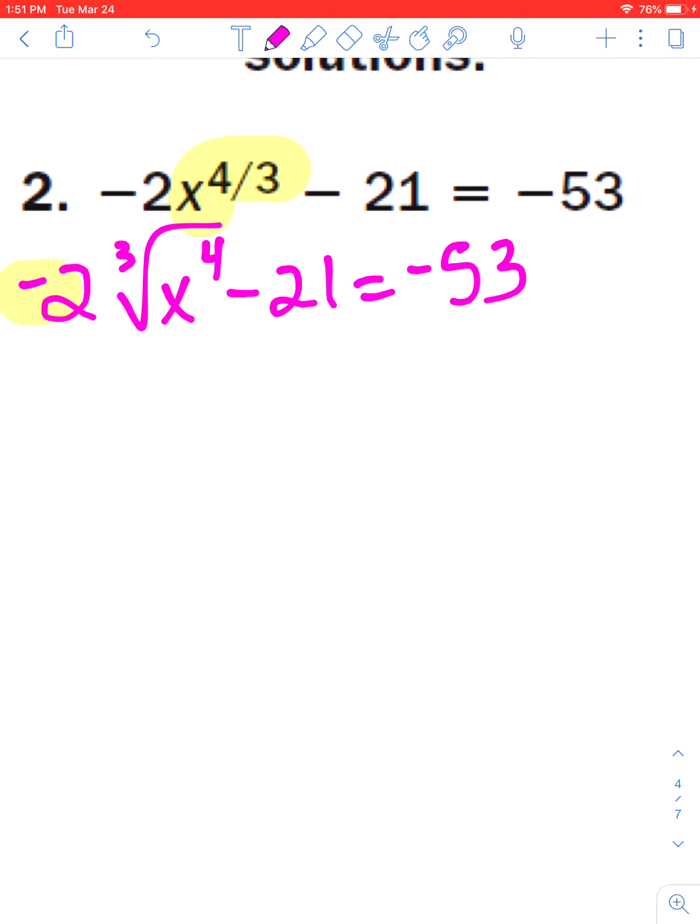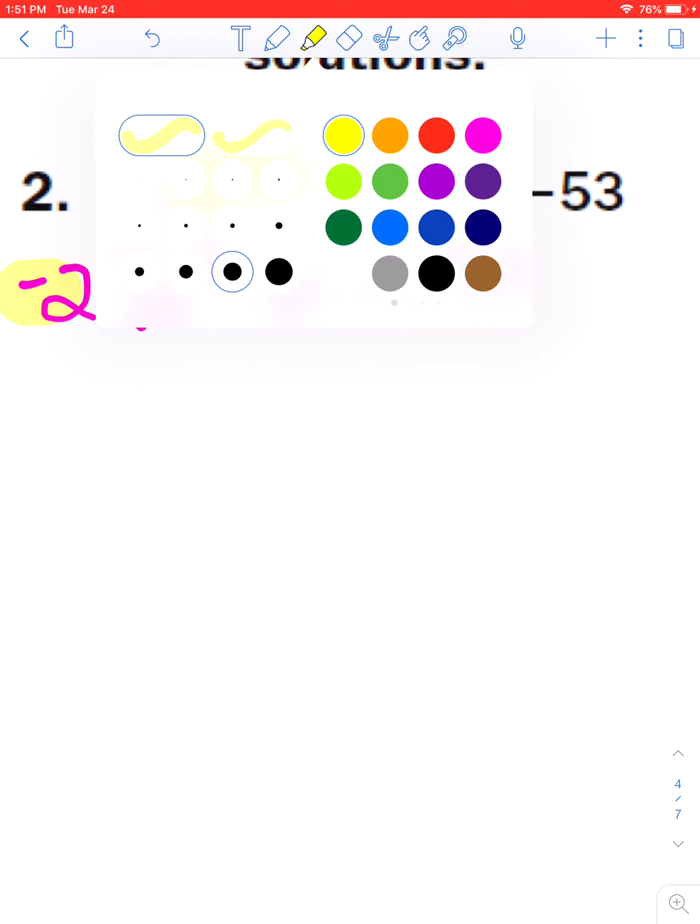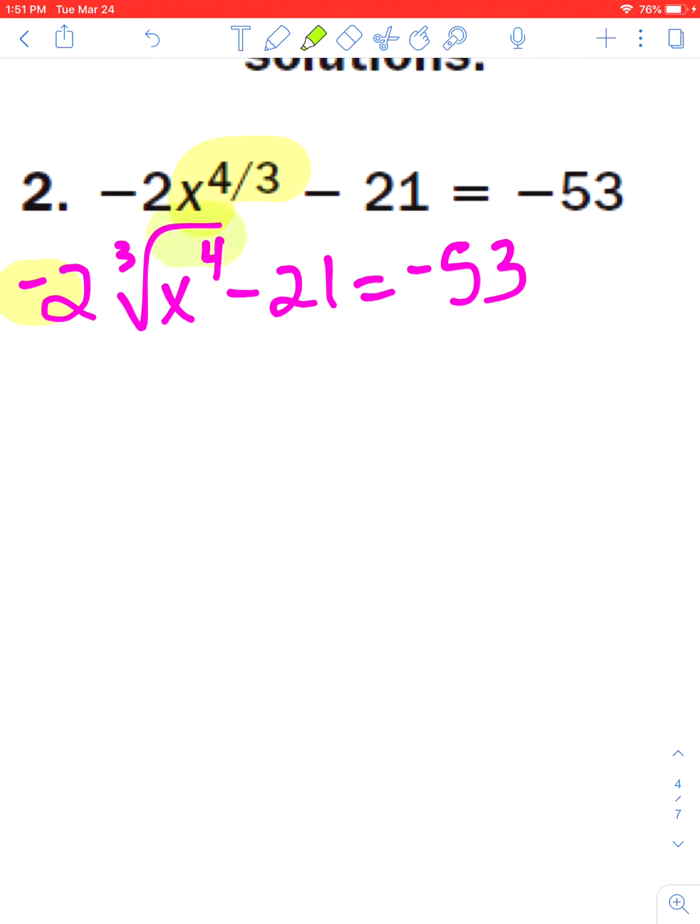Is the radical isolated? Heck no. When I say that radical is isolated, I'm only looking at what I have highlighted in green. So how do we get rid of it? Well, first I'm going to add 21 to both sides.